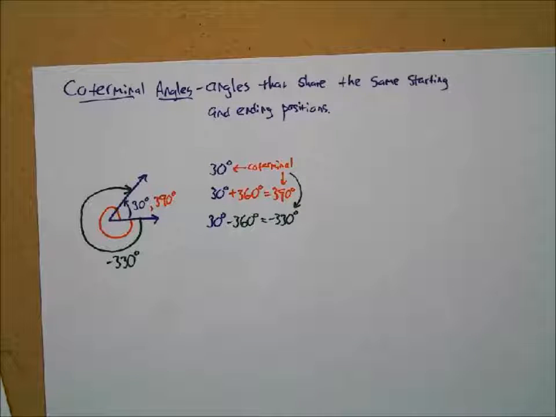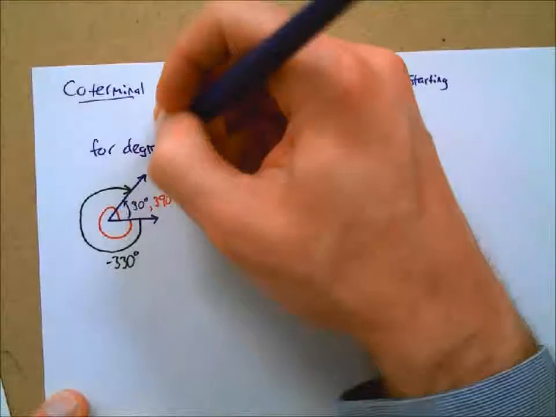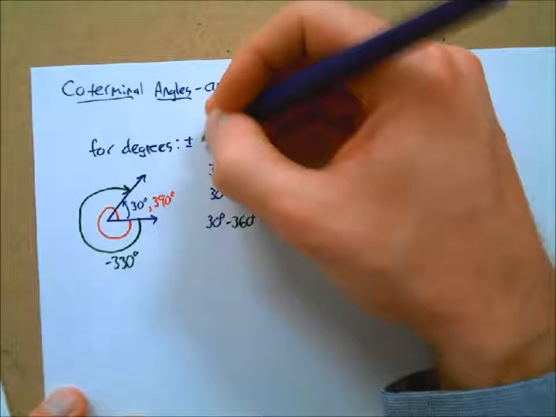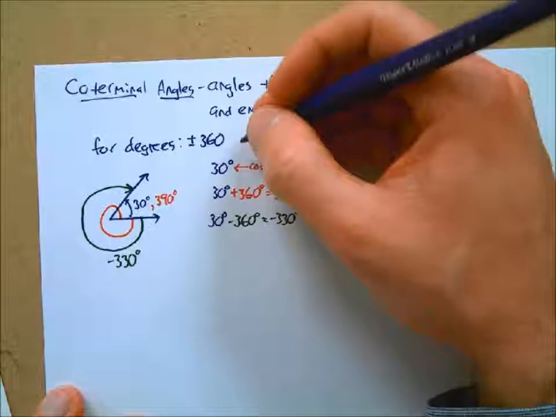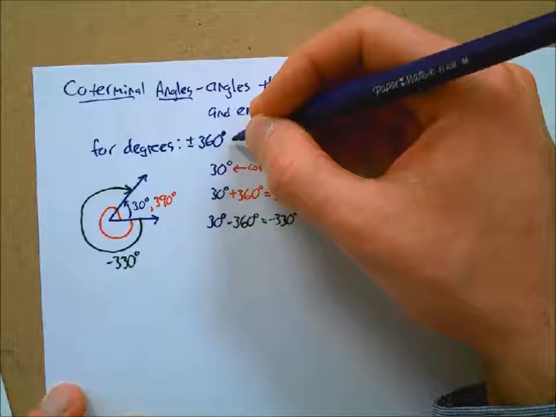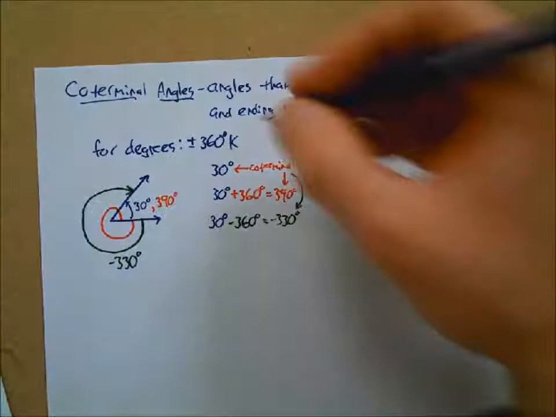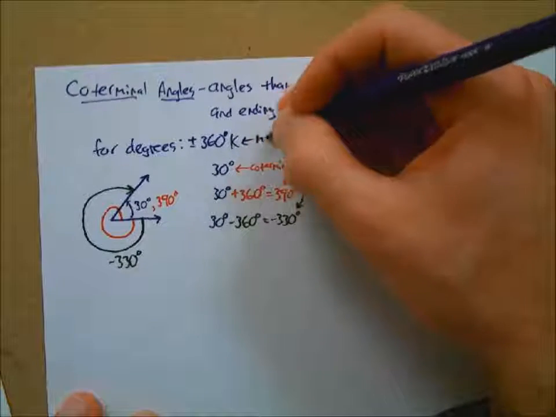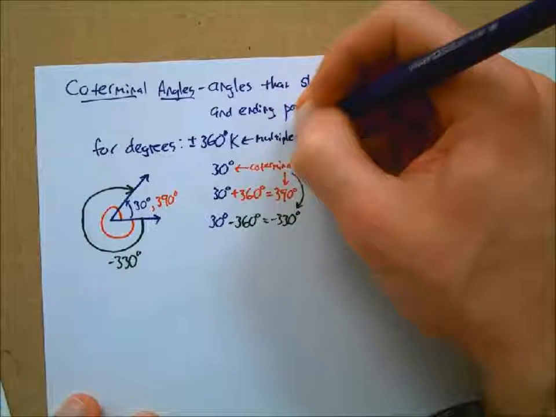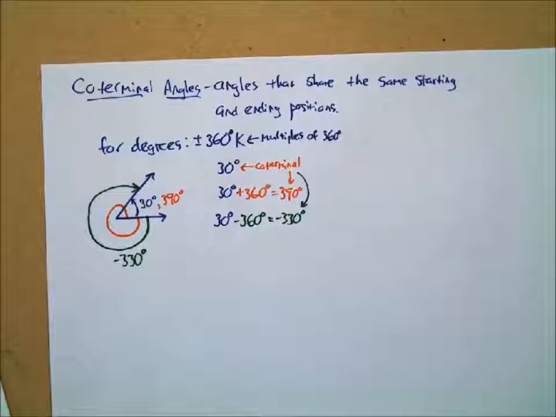So for degrees, to find coterminal angles, plus or minus 360. I guess we'll put a K here, like multiples of 360 degrees.